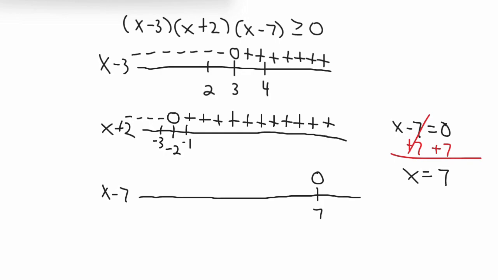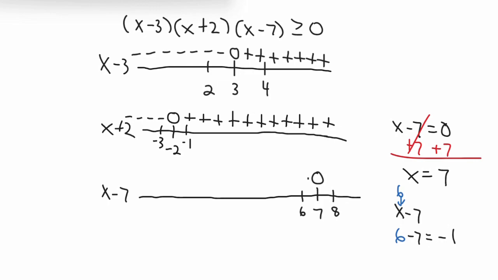Okay, now let's plug in values to the right of 7 and to the left of 7. We could try 8, and we can also try 6. Let's try 6 first. You have x minus 7. If you plug in 6 for x, you get 6 minus 7 equals negative 1. So for values smaller than 7, like 6, we get a negative value.